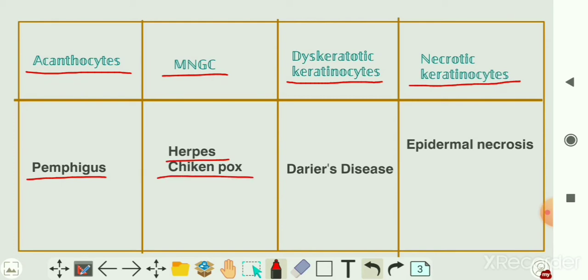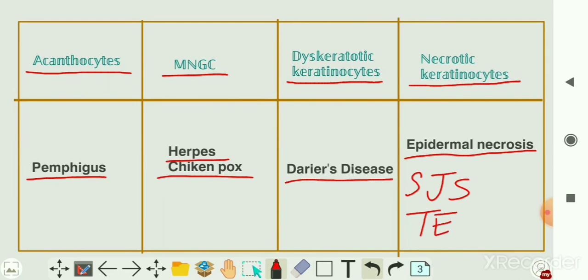Dyskeratotic keratinocytes are seen in Darier's disease and also in Hailey-Hailey disease. And necrotic keratinocytes are seen in epidermal necrosis. And this epidermal necrosis can be seen in Stevens-Johnson syndrome and toxic epidermal necrolysis.